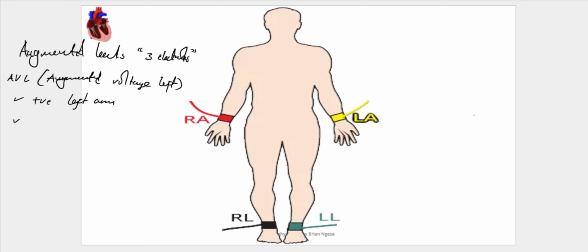Remember, we are not using the right limb. So the two negatives: one on the right arm, and one on the left leg.